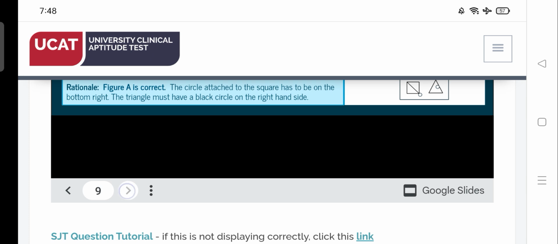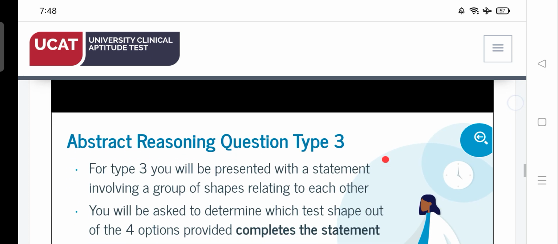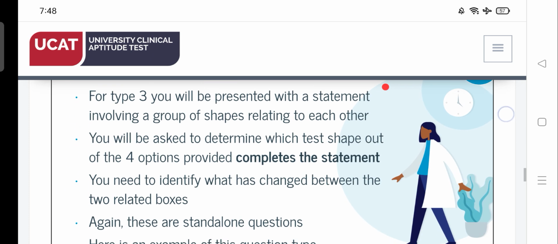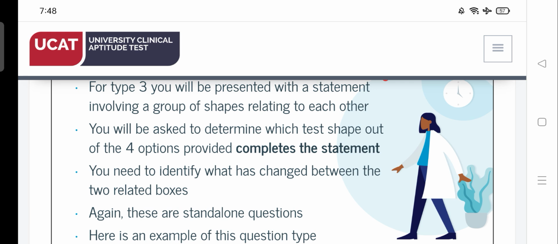Okay, now let's move towards our next type, which is type 3 for abstract reasoning questions. For type 3, you will be presented with a statement involving a group of shapes. First we have sets, then we have series. Now in type 3 we have a group of shapes relating to each other.